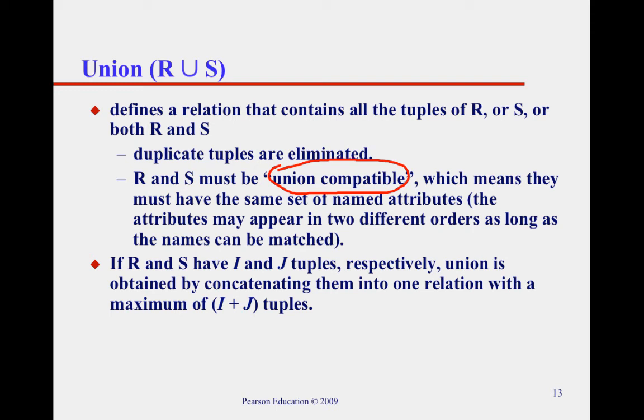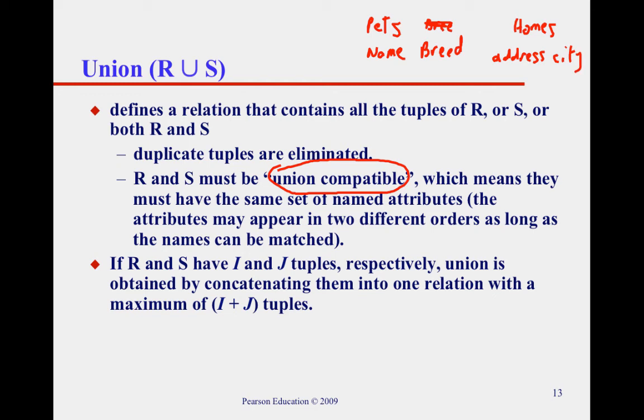So if I have, for example, pets with name and breed, and I have homes with address and city, it makes no sense to take the union of those two relations, right?